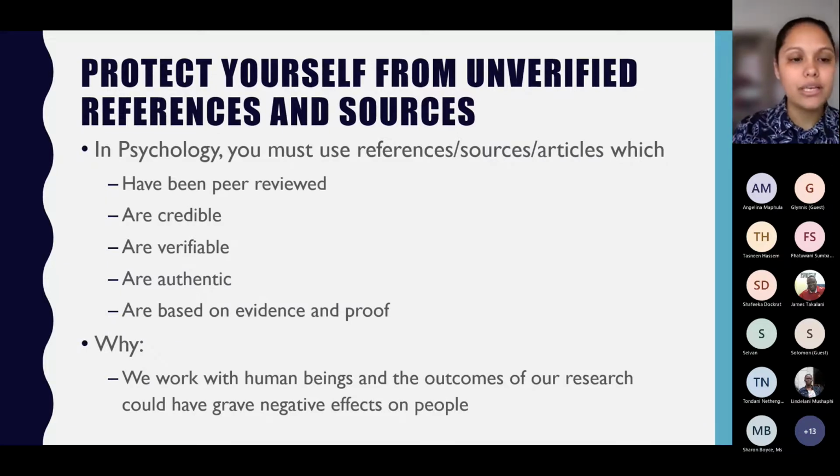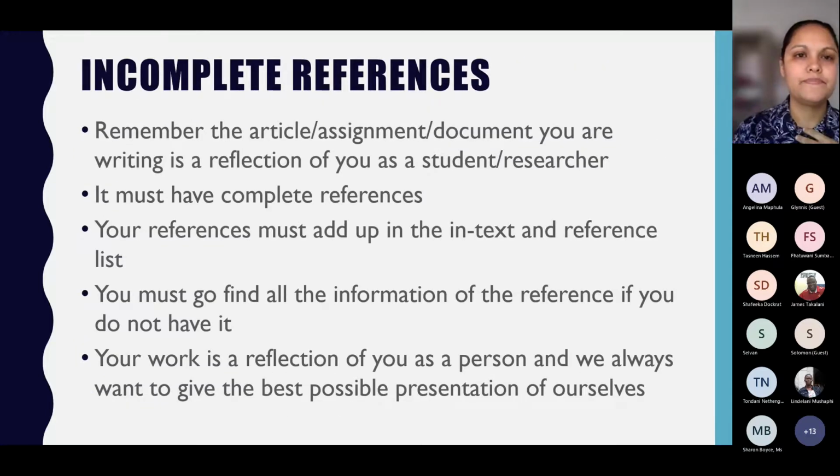So I strongly advise all students, especially, try not to use Wikipedia. Verify that the articles and information that you are referencing is credible, verifiable, authentic, and is based on evidence, right?